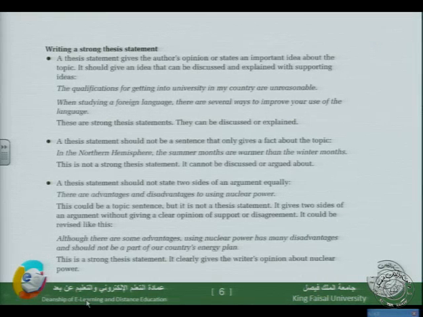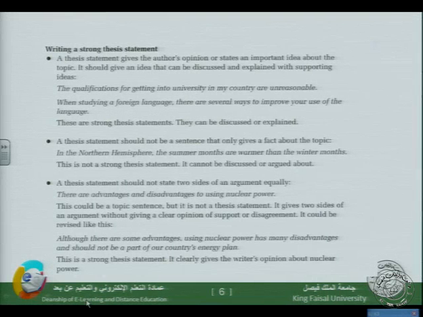It should give an idea that can be discussed and explained with supporting ideas. For example, here we're given an example: the qualifications for getting into university in my country are unreasonable. This is a very strong statement, and you can discuss it: why it is unreasonable, and what makes it unreasonable.